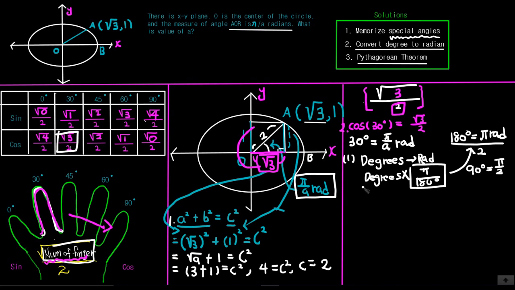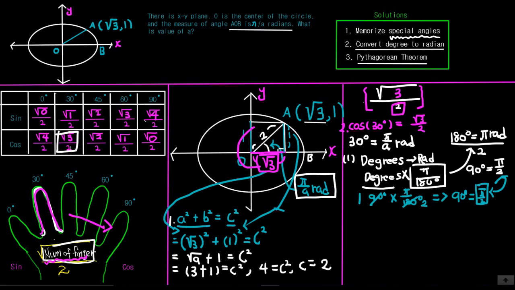So we can input our value of degrees, which in this case is 90 degrees, and then we can multiply pi over 180 degrees. But 90 degrees and 180 degrees are going to cancel out as 1 and a 2. And then 90 degrees is the same thing as pi over 2, which is exactly the same thing that we proved right over here.